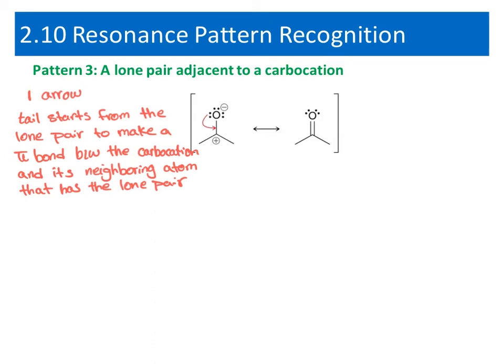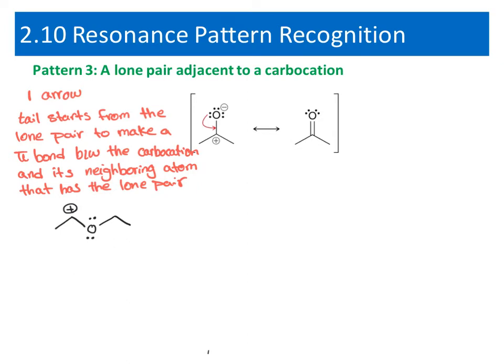Now a good example here can be this structure. Okay. So we don't have any double bond here, right? So we cannot think of allylic positions. Now we have a lone pair, a single bond, and a positively charged carbon.